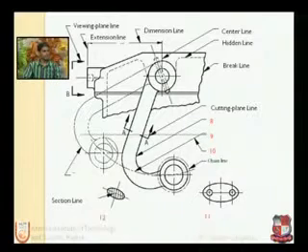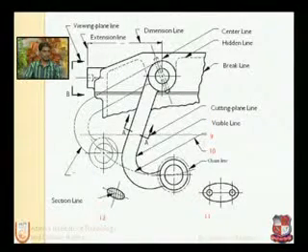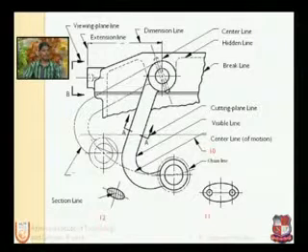Cutting plane lines: see the cutting plane lines, it's shown by the arrow, the direction where we are looking. The section line is shown by AA, so we have to see view AA for that section. Visible line. Center line of a motion. Here the element is in motion, so the second part is shown in the chain line, double dash chain line.